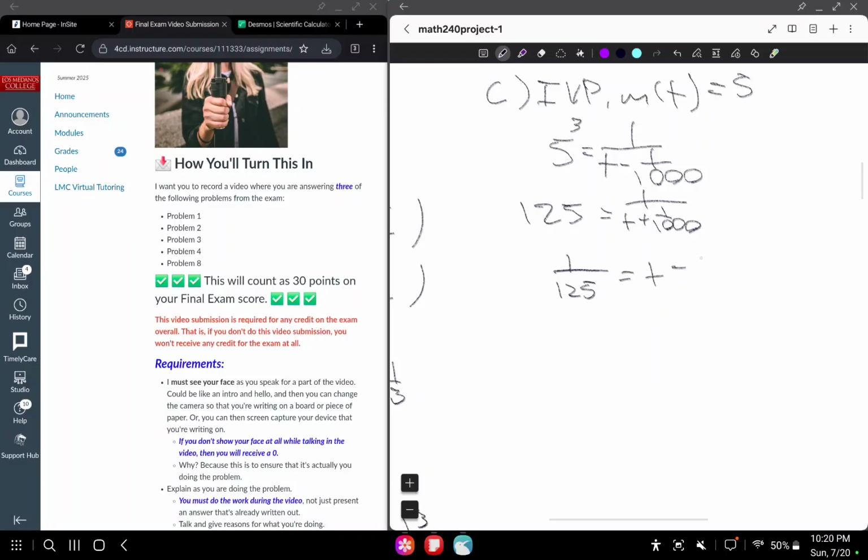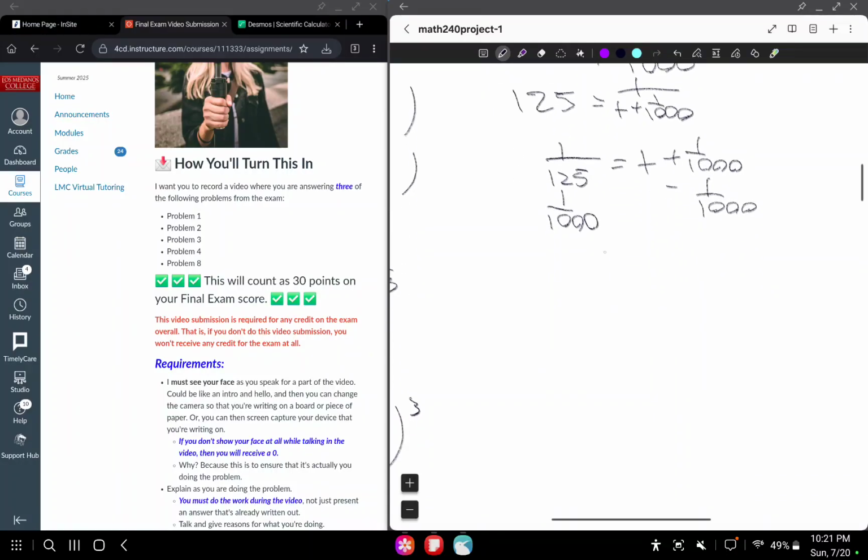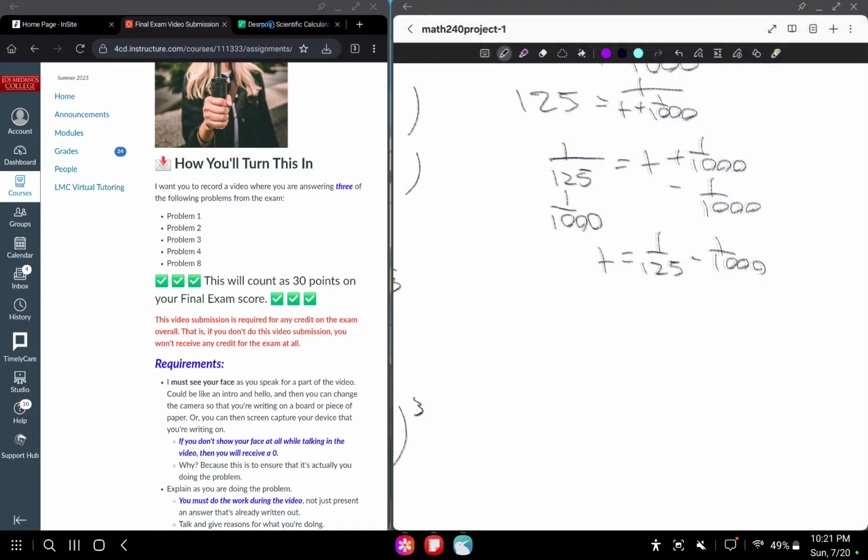Yes, so c is, yeah, okay. Plus 1/1000, 1 over 1000. So t equals 125 minus 1000.